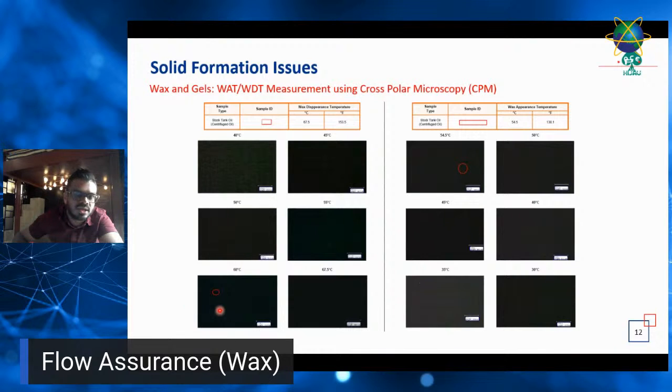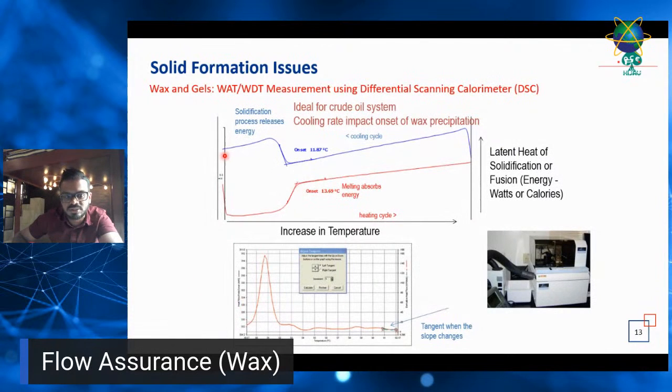So basically we need to take a few measurements, and also a few more, and get an average, or take the most conservative value in terms of the WAT.